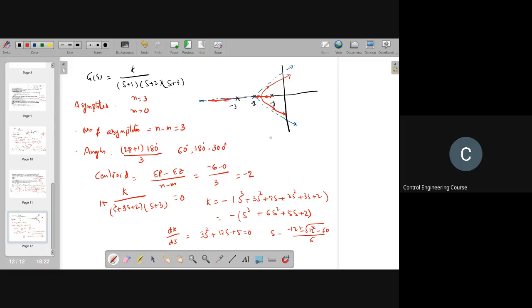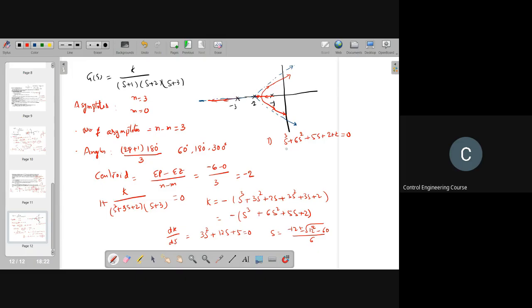Let's say this is point number 7. The characteristic equation is s cube plus 6s square plus 5s plus 2 plus k equal to 0, we have already calculated this. Are you following?